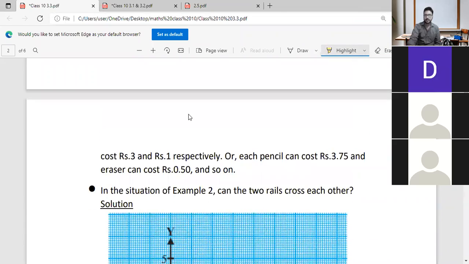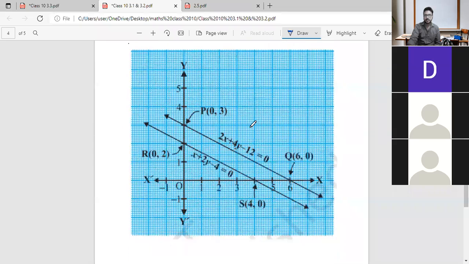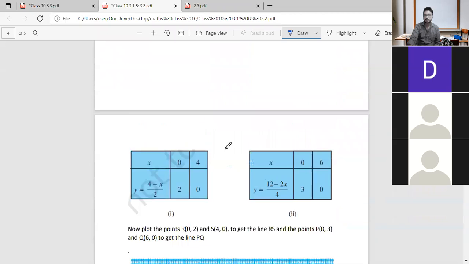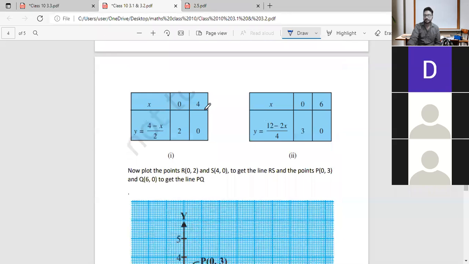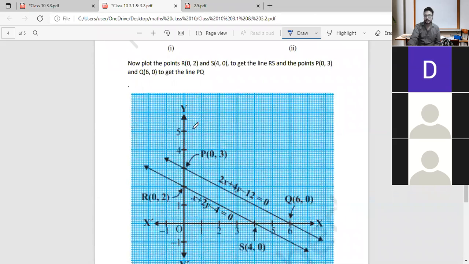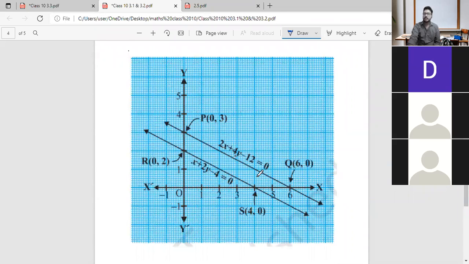So in the next example, what happens? Let us see. Do you remember which was it? This was the example. See, this was the equation. Corresponding to these two equations, we have created a table and drawn a graph.